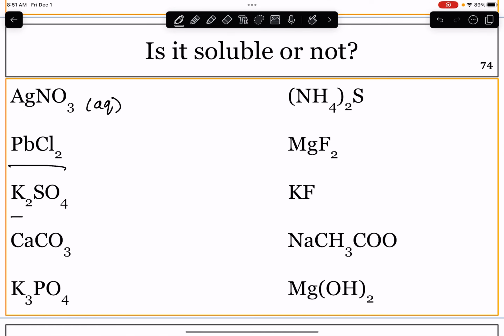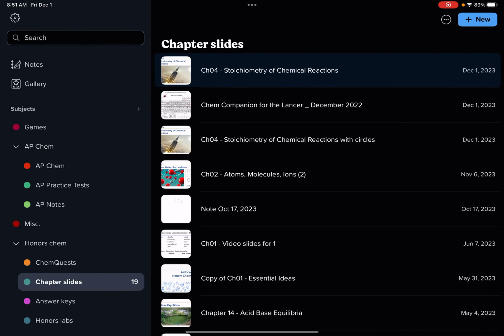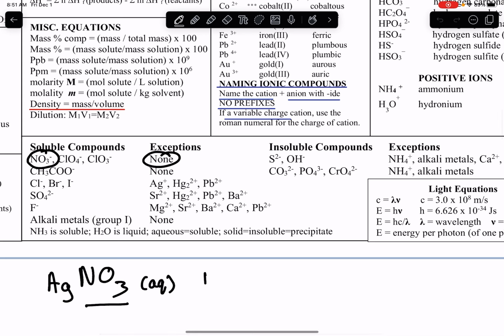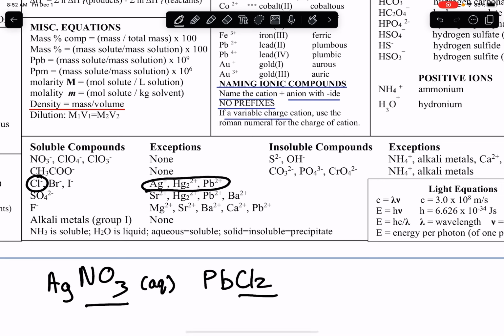Let's look at lead chloride and potassium sulfate as well. So lead chloride, chlorine is the negative part of the compound, and we find that here in the soluble compound list. That means most of the time chlorides, compounds with chlorine, are soluble. However, let's look at the exceptions. The exceptions for chlorine include these three elements. Lead is one of the exceptions.